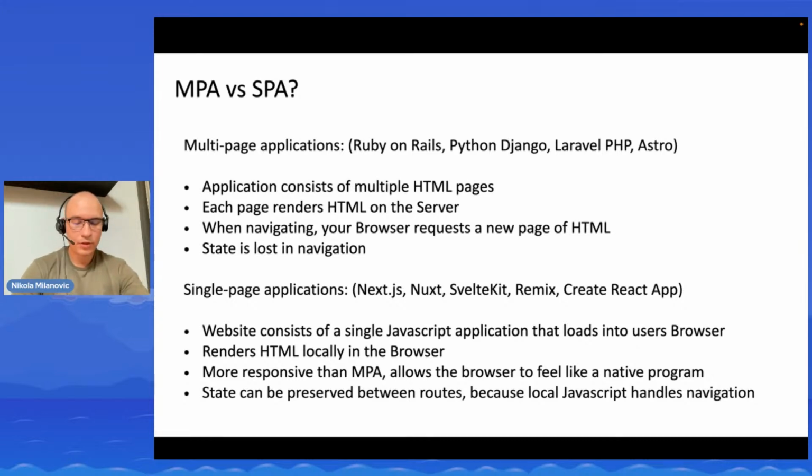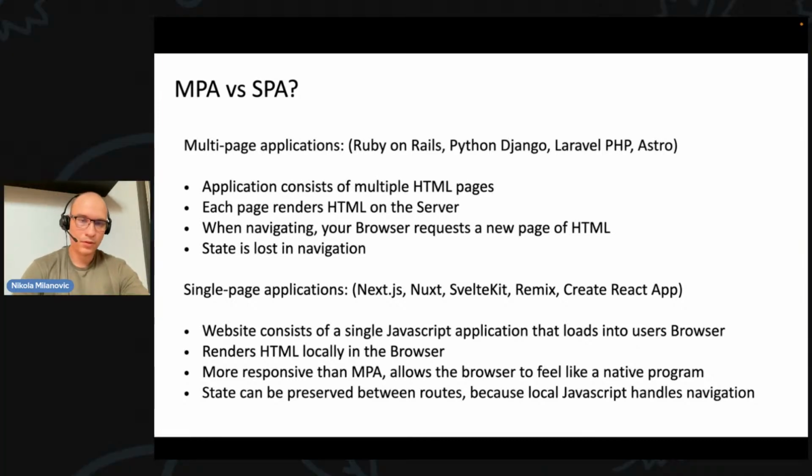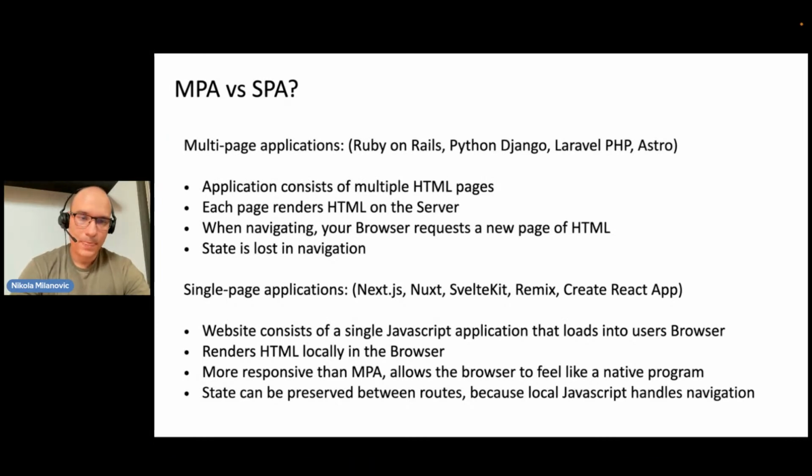In multi-page applications, these are things like Ruby on Rails, Django, Laravel, PHP. So basically an MVC structure. We have our app that consists of multiple HTML pages, and each page renders HTML on the server, and then the server sends it to the client, to the browser, to be rendered.